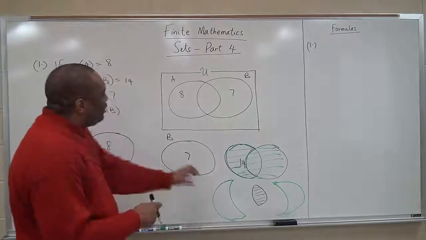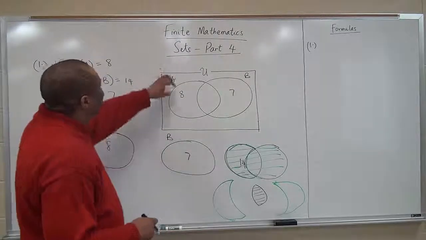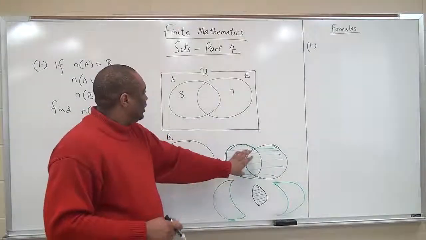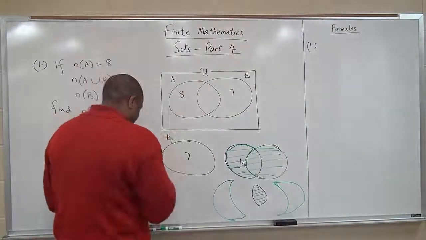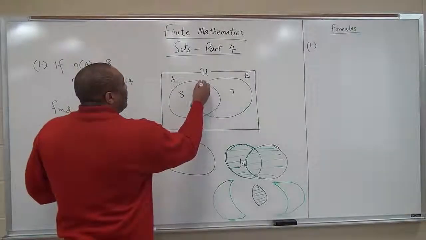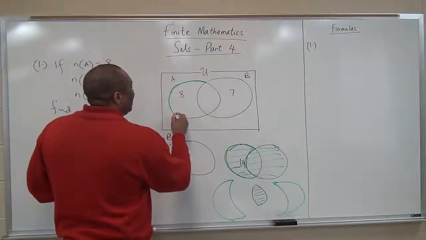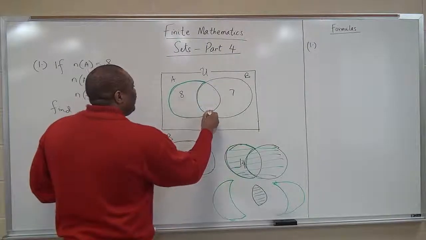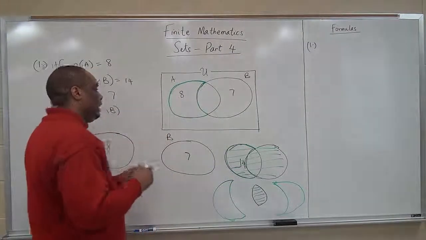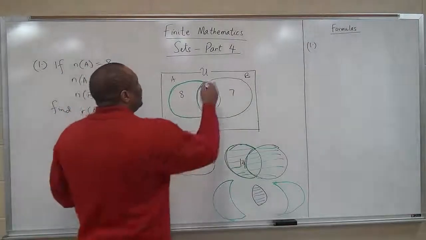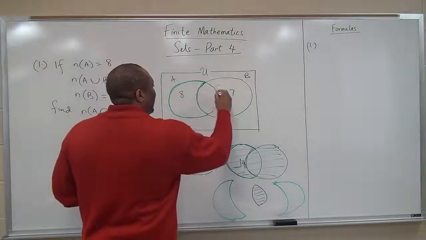So how do you find this small area? This area doesn't include anything in B. It is B prime. And this one doesn't include A. It is A prime.